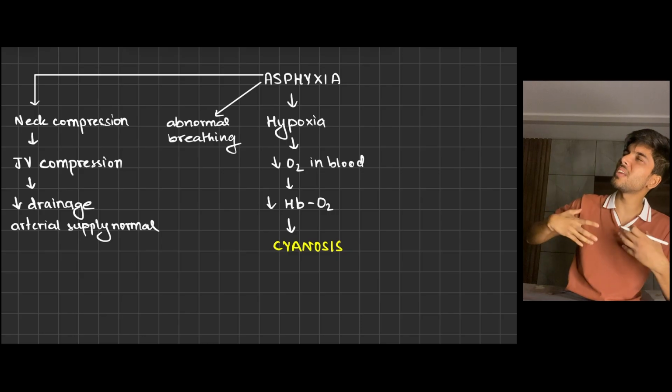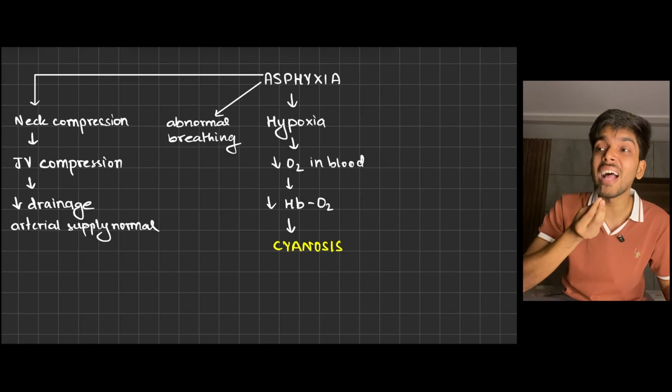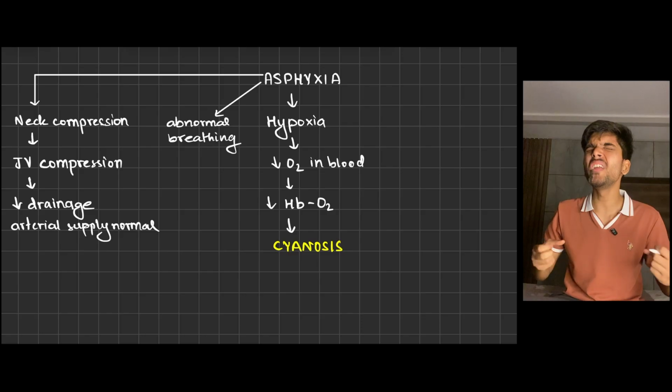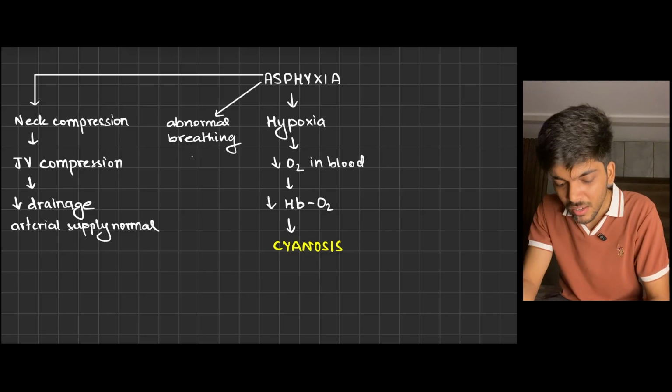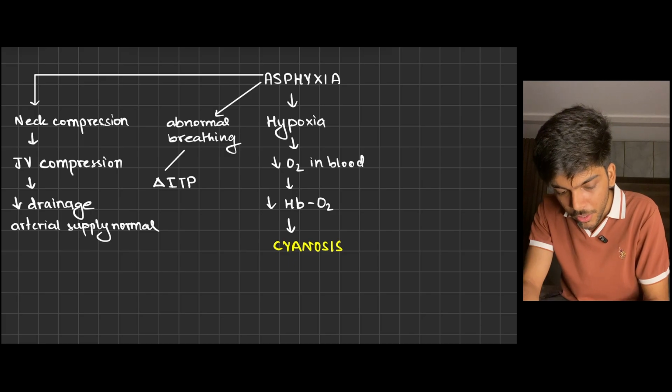There is too much pressure inside the intrathoracic cavity, or maybe there is a case of choking, that is, food has lodged in your respiratory tract. You will try to breathe, you are unable to breathe, you suffocate. There is too much intrathoracic pressure. So there is abnormal breathing and changes in intrathoracic pressure, and that will also lead to reduced drainage.